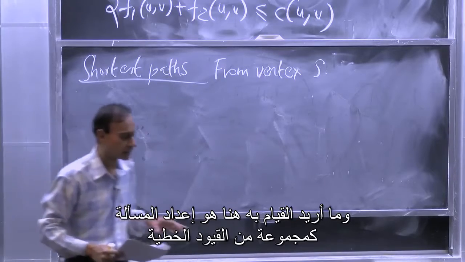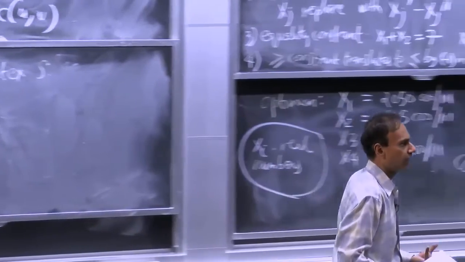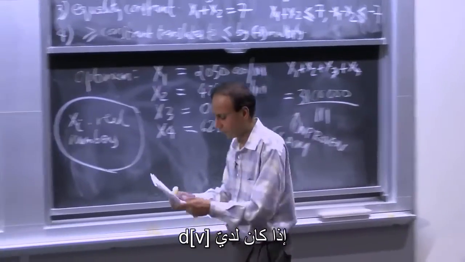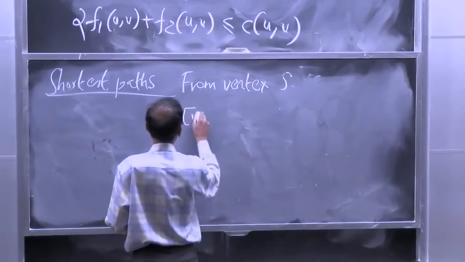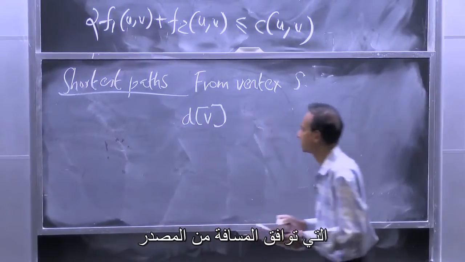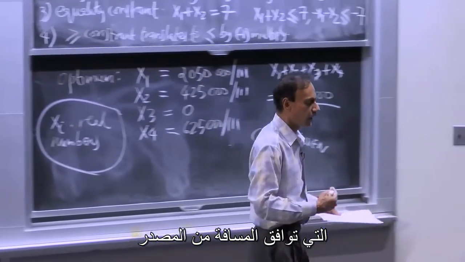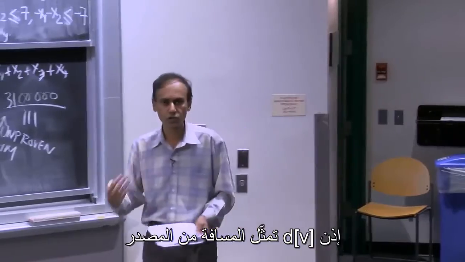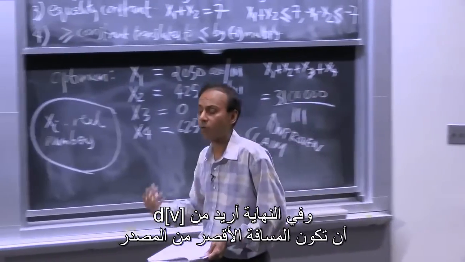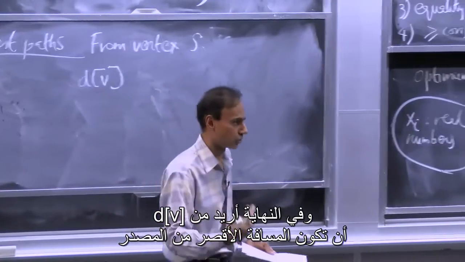What I want to do here is obviously set it up as a set of linear constraints, right? If I have dv corresponding to the distance from the source, so dv represents the distance from the source, and eventually I want dv to be the shortest distance from the source, right?